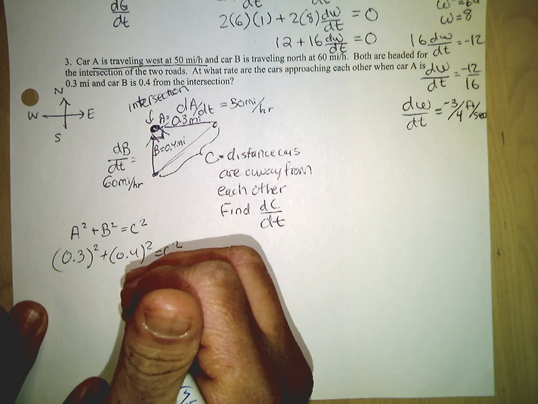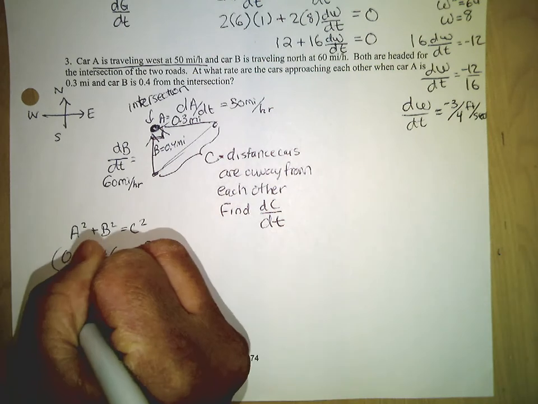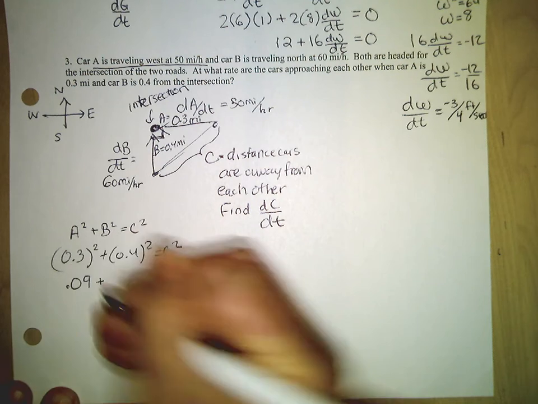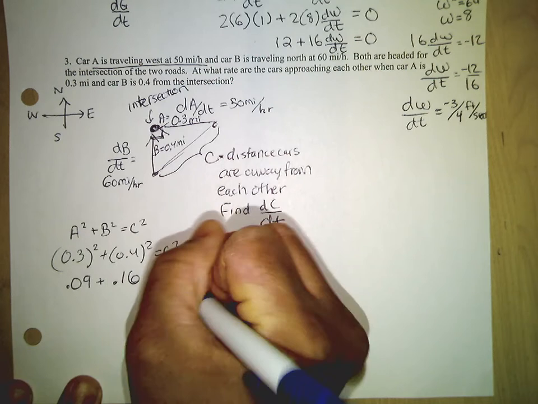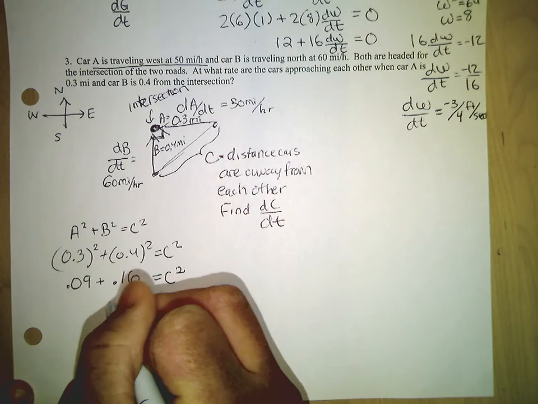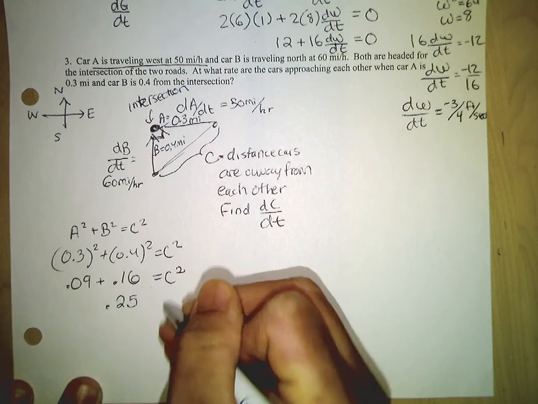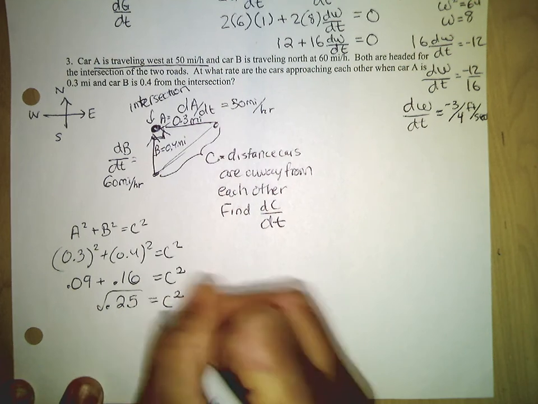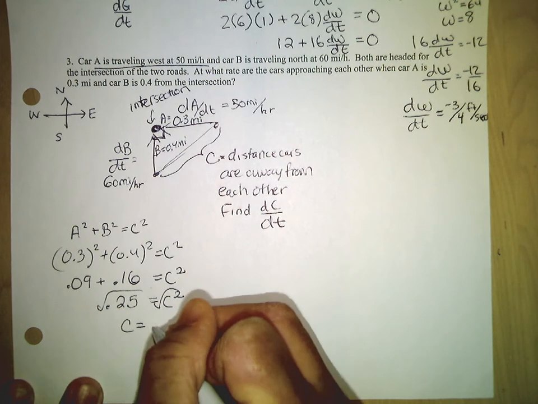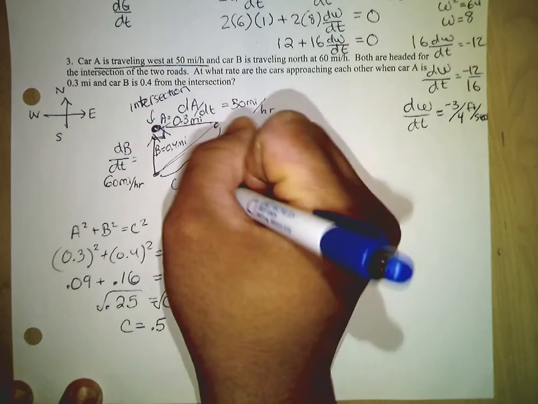So 0.3 squared is going to be 0.09, and 0.4 squared will be 0.16, and that's C squared. So 0.09 plus 0.16 is going to be 0.25. So that's equal to C squared. Then when I take the square root, C will be equal to 0.5. All right, so C is equal to 0.5.